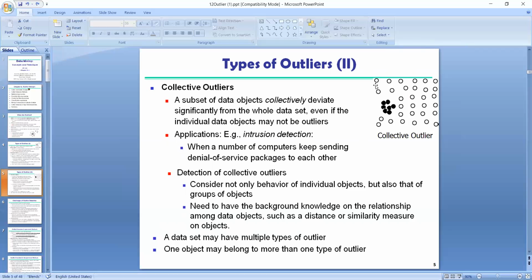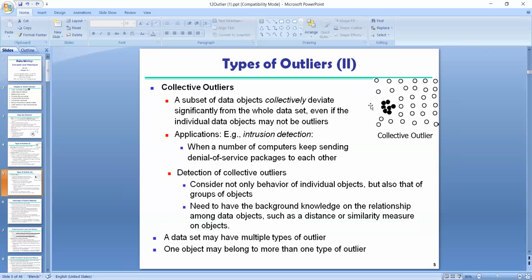All these data points are similar and show the same behavior, but this set of data points shows some exceptional behavior. So it is a collection of outliers. It is not one or two, it is a collection of outliers. That's why it is called a collective outlier, showing a different behavior than the normal data.